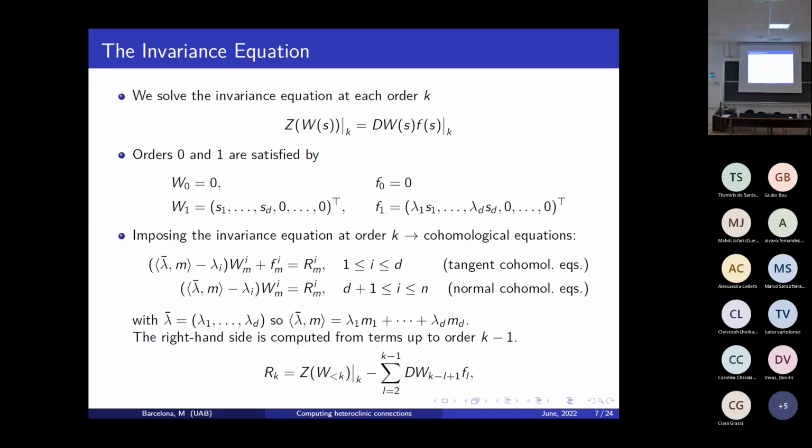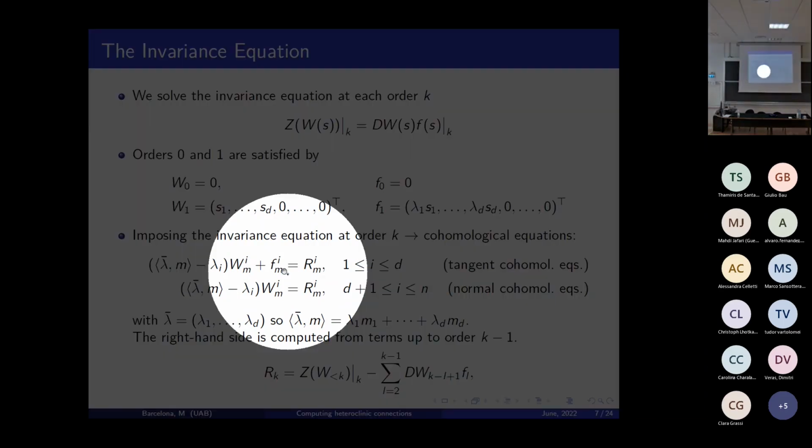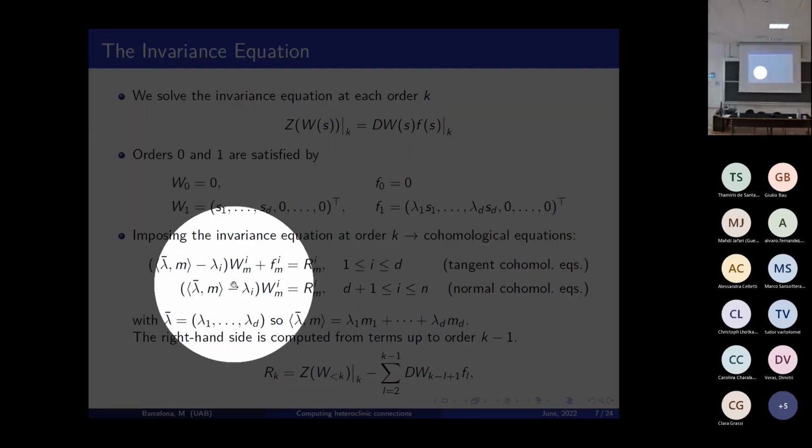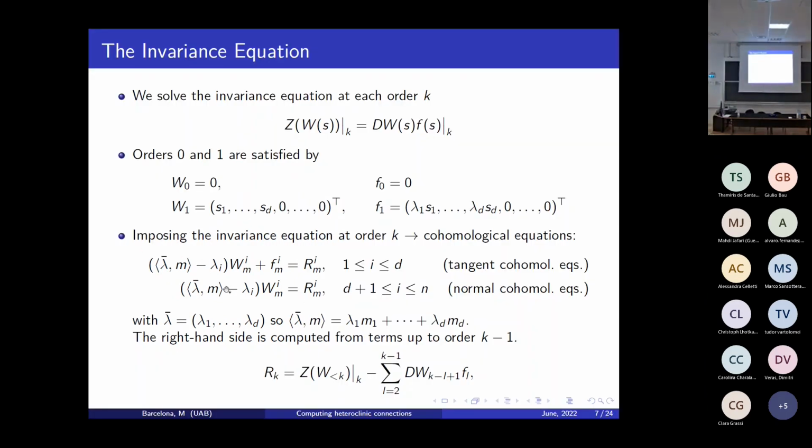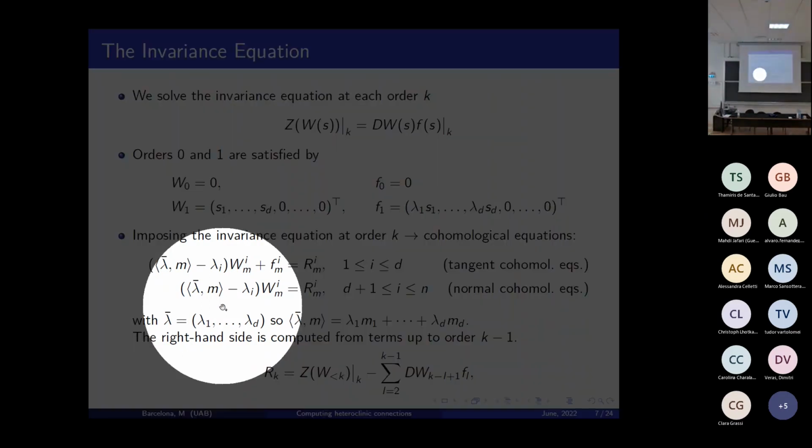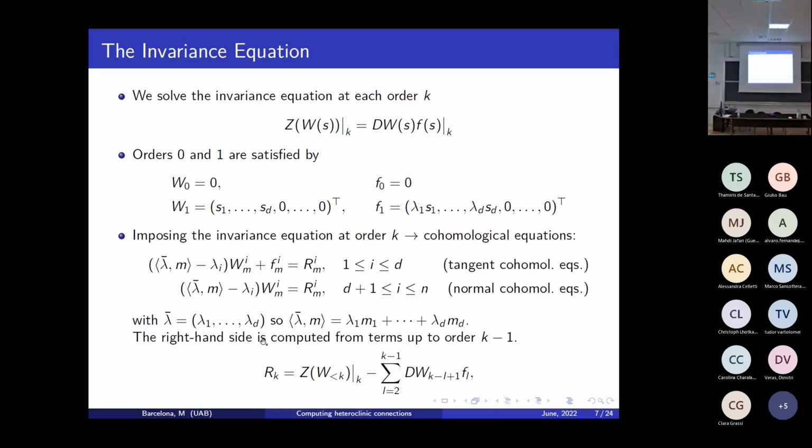The normal one has only one solution, which can be solved only when there are no cross resonances. And the first one can be solved using what we call styles of parameterizations. Just to recall that R are all the known computed terms, that are terms up to order k-1.